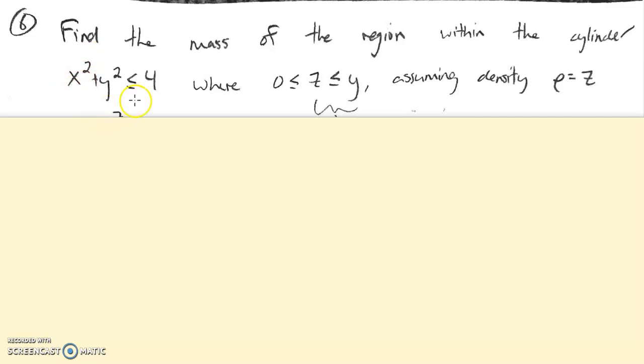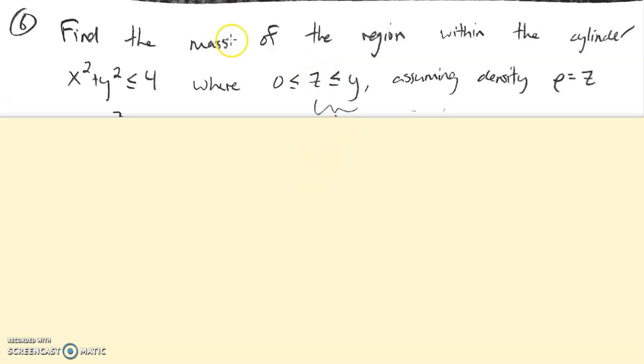So that means that it's a cylinder of radius 2, and we're looking interior to that, where 0 is less than z is less than y, right?